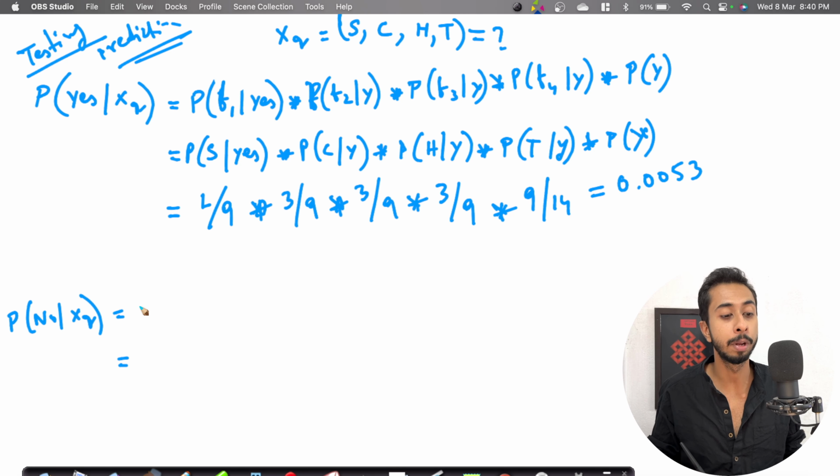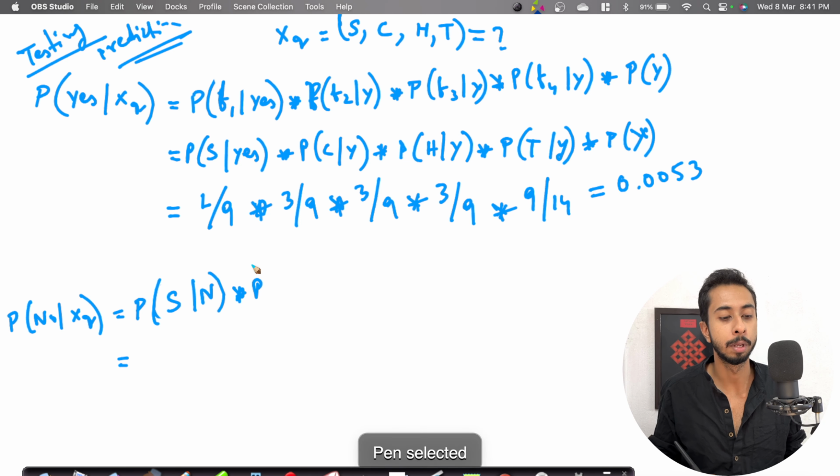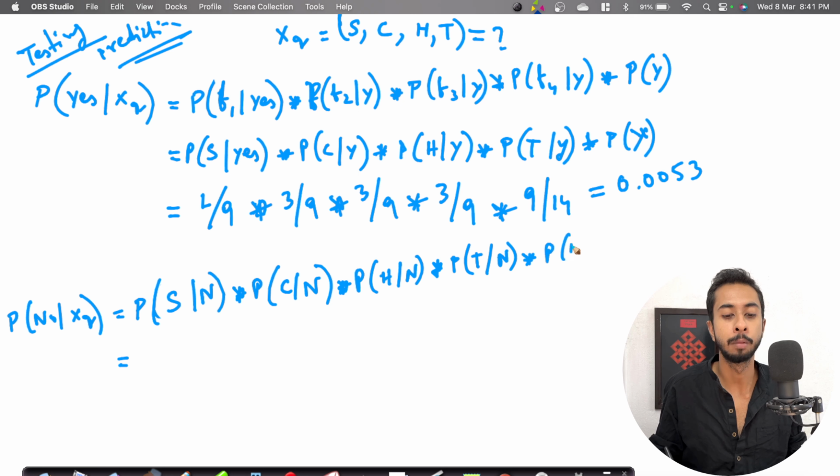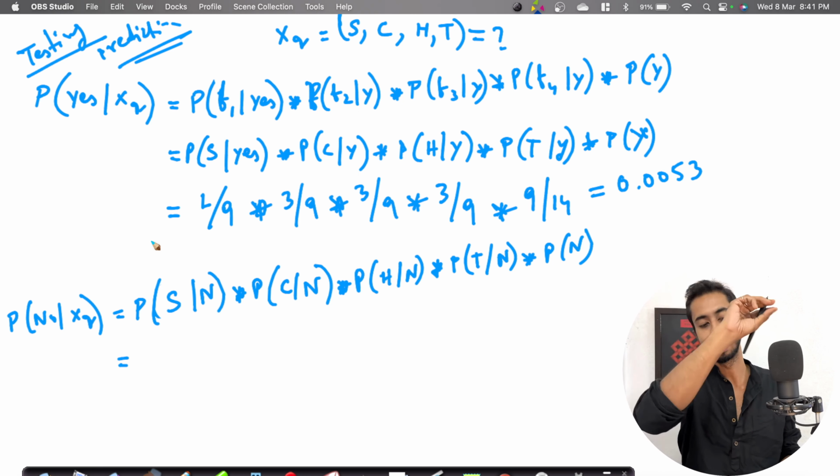Probability of f1 given no, right? This is probability of f1 given no, sunny given no, multiplied by probability of cool given no multiplied by probability of high given no multiplied by probability of true given no multiplied by probability of no. So for sunny given no, go to the sunny row and no column.